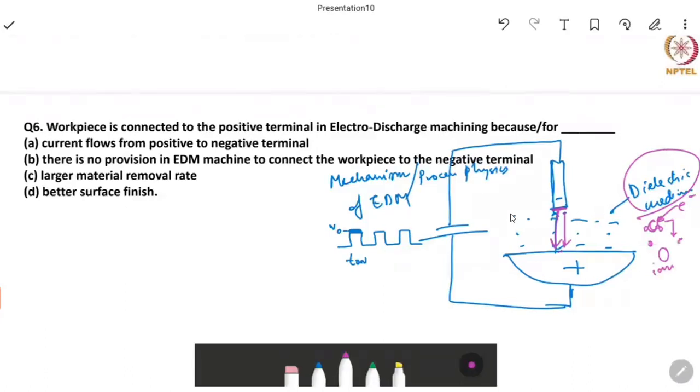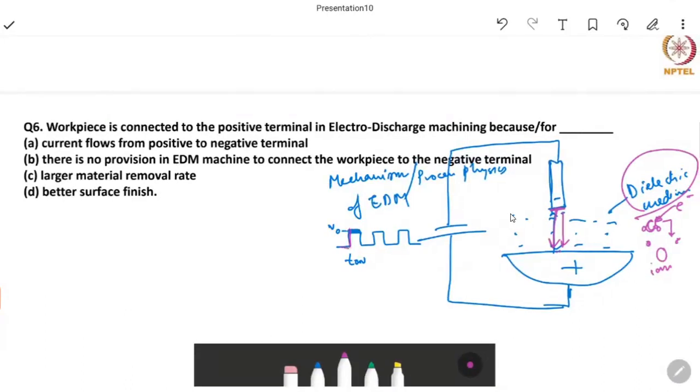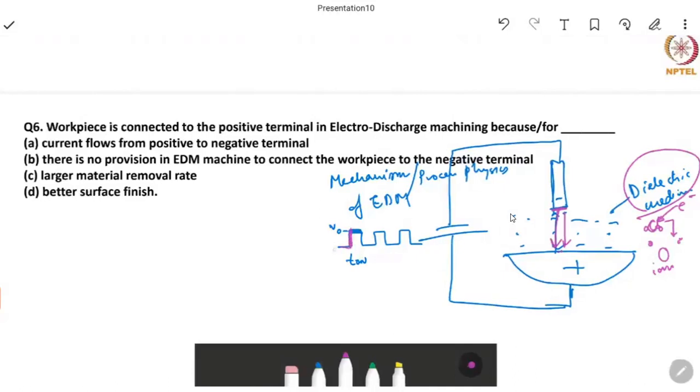This happens continually. You can see that the part where the voltage increases from 0 to V naught is not a straight line, because along the time axis it happens like this.